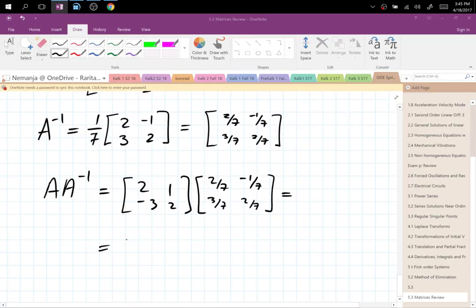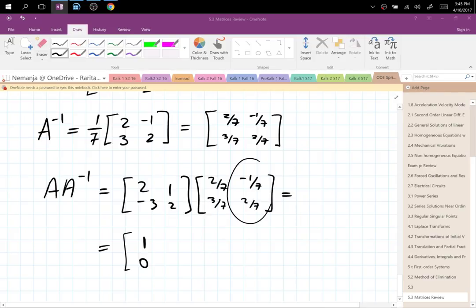multiply these, so these onto those, we would get 4 sevenths plus 3 sevenths is 7 sevenths, so that's 1. And then goes on to this one, you have negative 6 sevenths plus 6 sevenths is 0. Great.